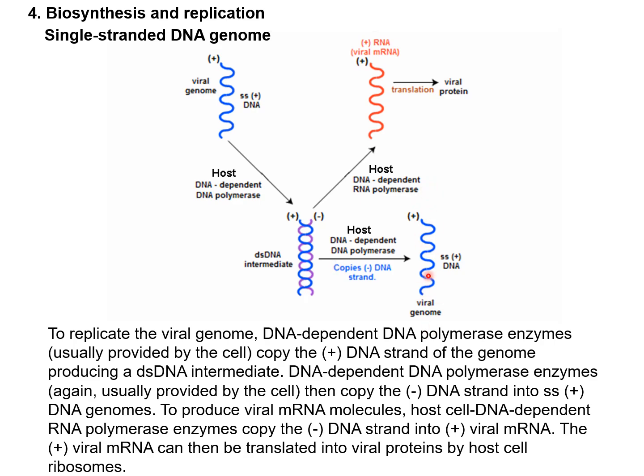On the other hand, for formation of the proteins, because we have this double-stranded intermediate, the negative sense strand can be used by the RNA polymerase to make the mRNA, the messenger RNA, that can then be translated in the cytoplasm to form the viral proteins.